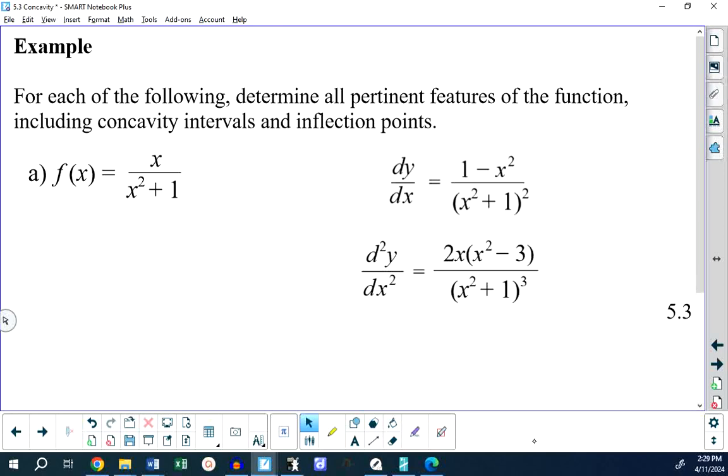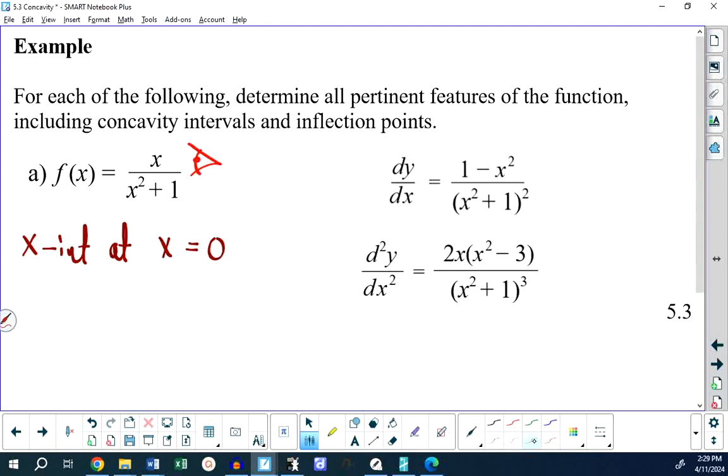Okay, so let's write down all of the information that we can. First of all, we have an x-intercept at x equals 0, because we eyeball the numerator of this rational expression and say, if the numerator is 0, the whole thing is 0. The only value of x that makes the numerator 0 is 0.